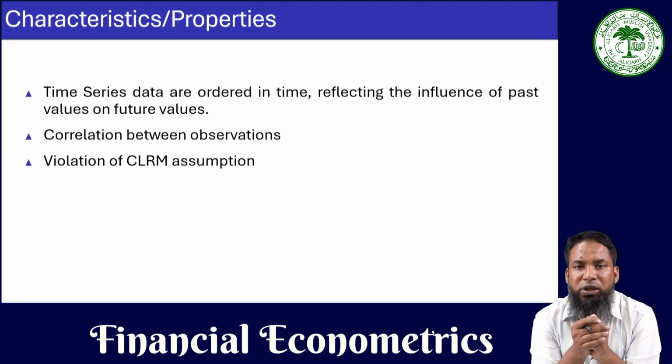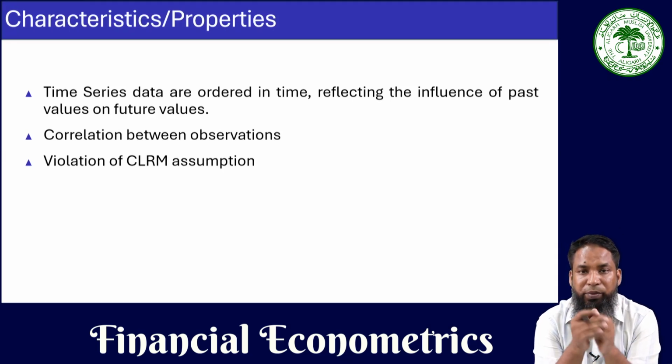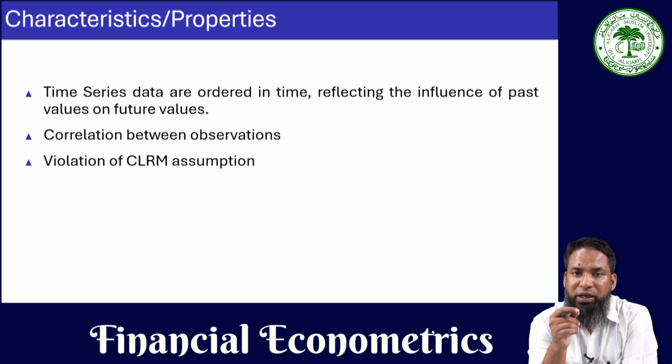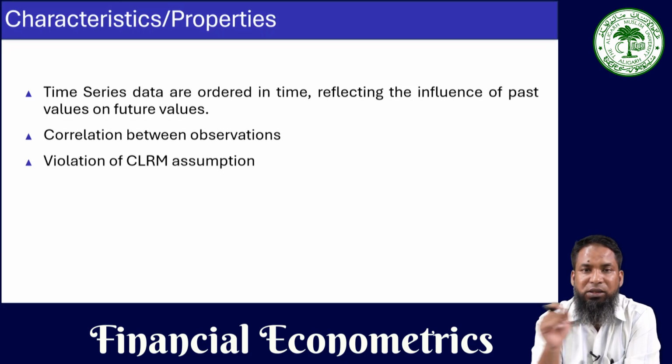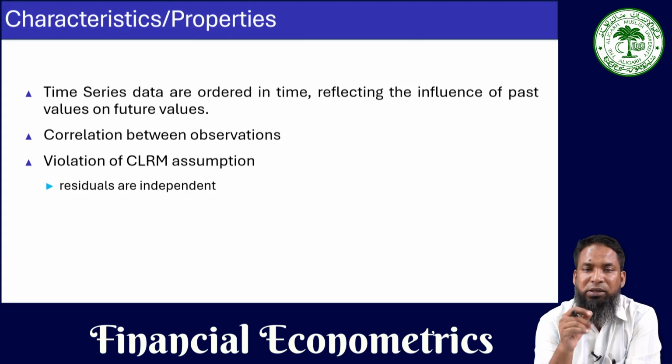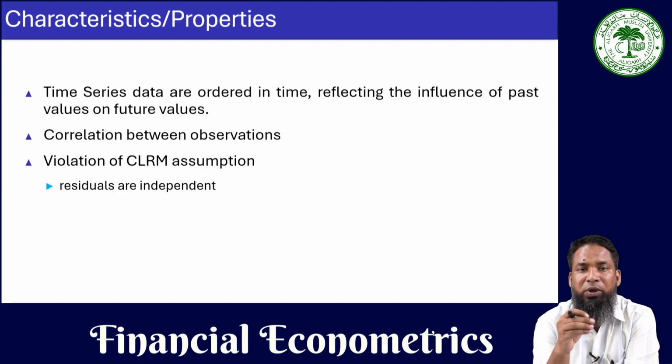If there is correlation between the observations, you might remember that in the case of OLS, one of the classical linear regression model assumptions will be violated because of this property. What is that violation? We assumed in OLS that residuals are independent, that is, they do not affect each other; popularly we know that there is no autocorrelation among the error terms.